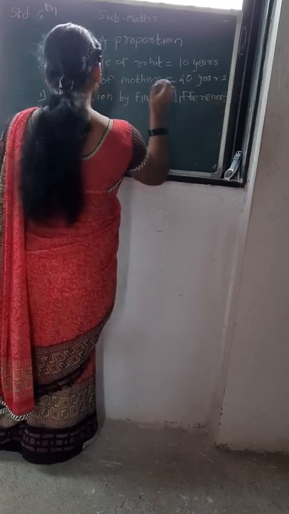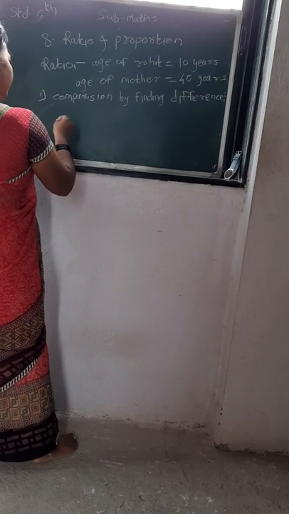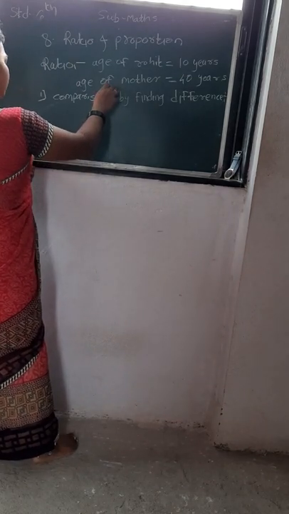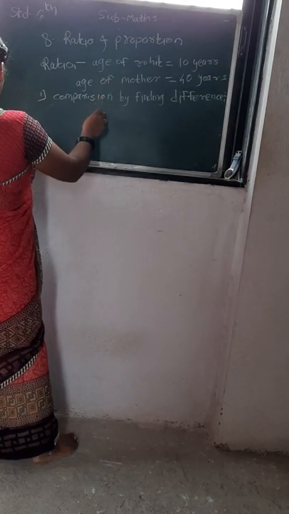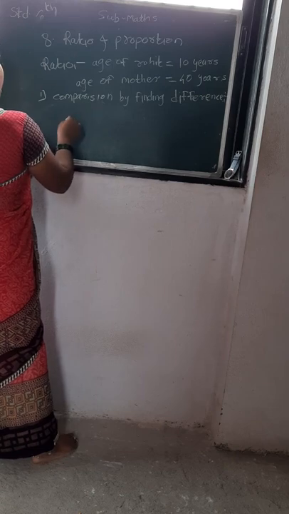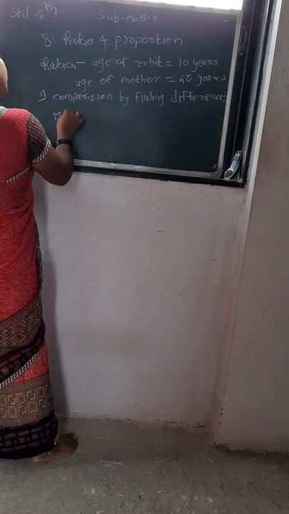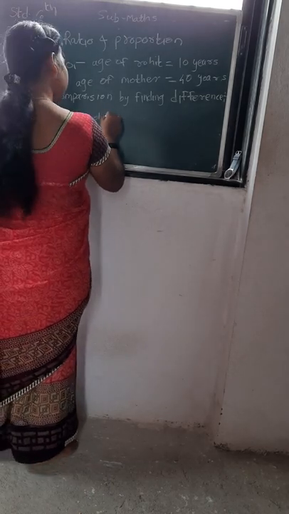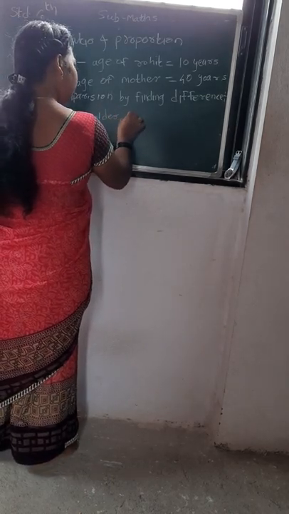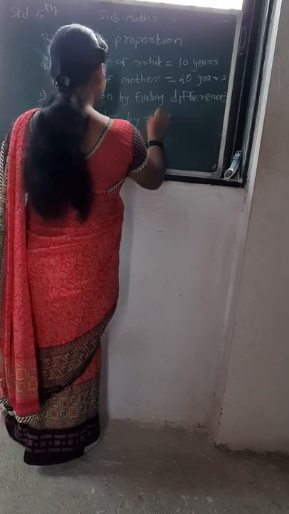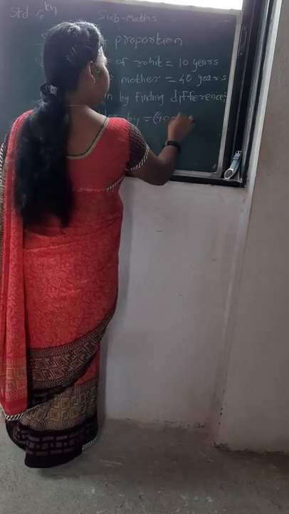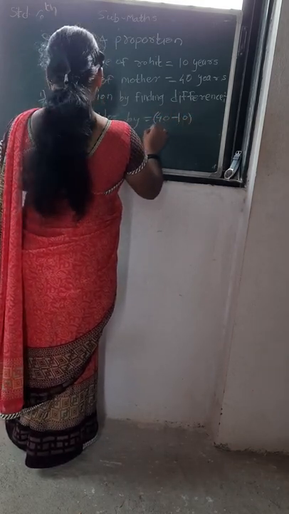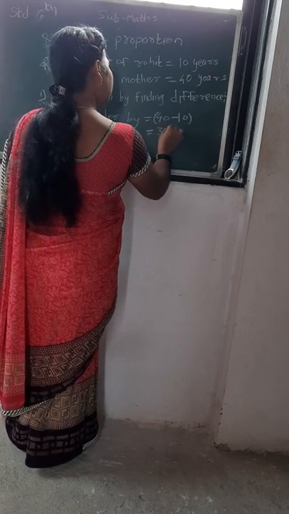Comparison by finding difference. Age of Rohit is 10 years, age of mother is 40 years. The difference is 40 minus 10 is equal to 30 years.